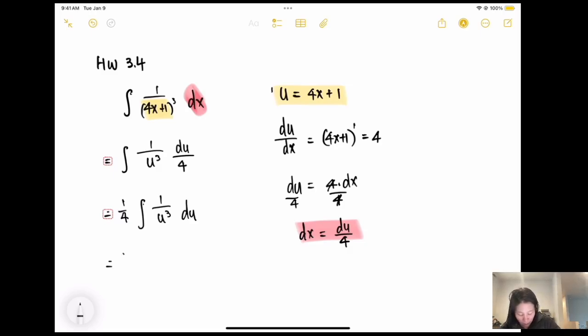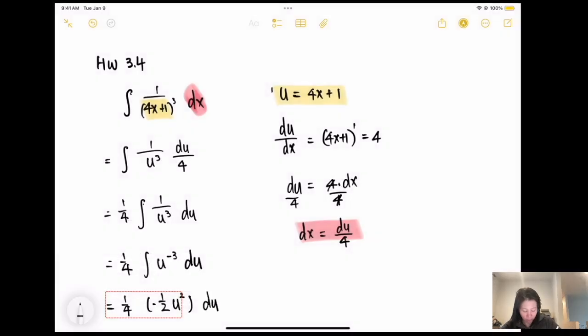Now, I can write it in exponential form. That makes it easier for us to find the antiderivative. So the antiderivative of u to the negative 3 is equal to negative 1/2 u to the negative second power.